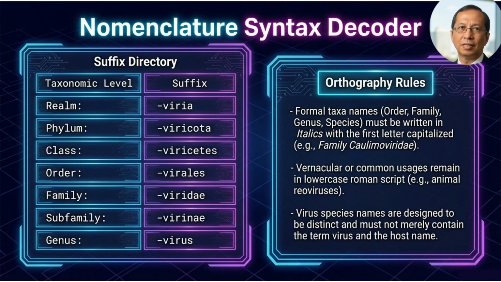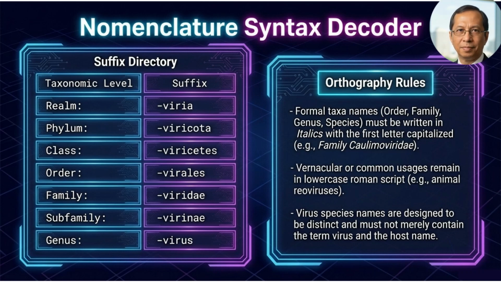Orthography rules dictate that formal taxon names, such as order, family, genus, and species, must be written in italics with the first letter capitalized. Vernacular or common usages, however, remain in lowercase Roman script. Importantly, virus species names are designed to be distinct and must not merely contain the term virus and the host name.